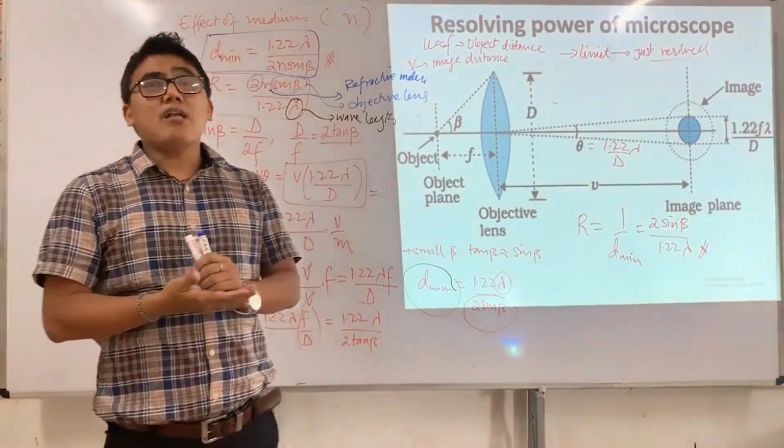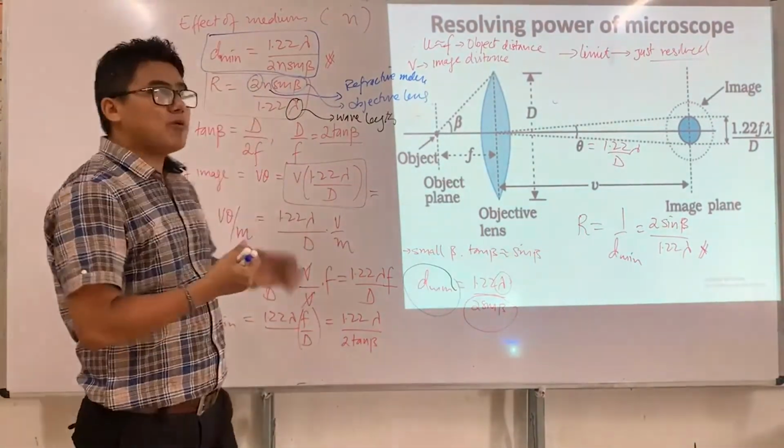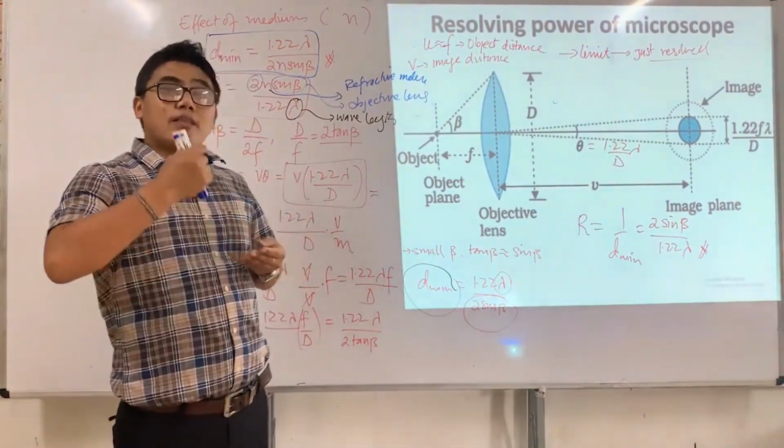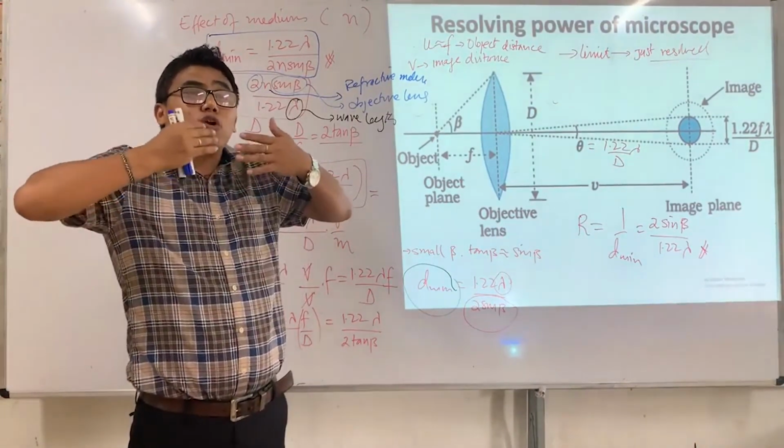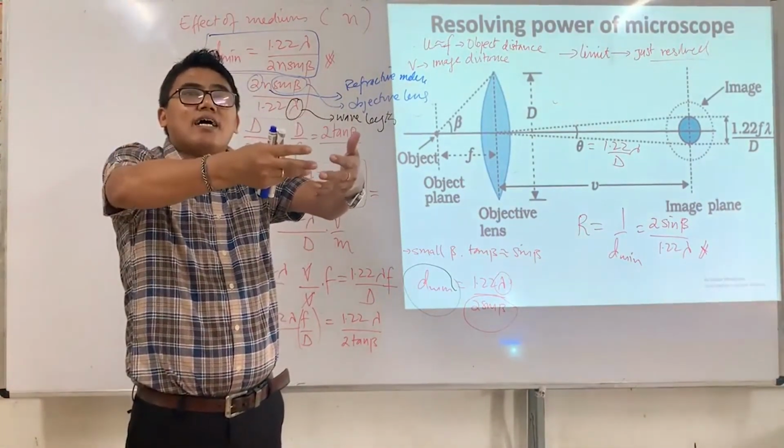When we use optical microscopes, the wavelength almost remains the same. So this is the limitation of an optical microscope, that we cannot go beyond a certain distance.